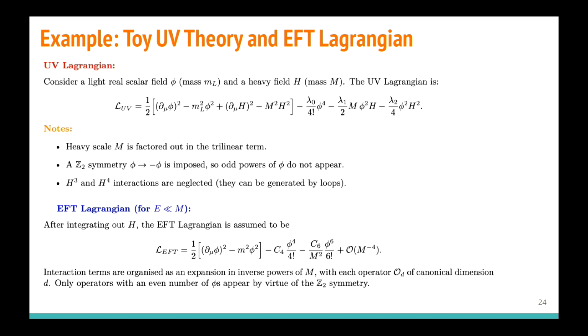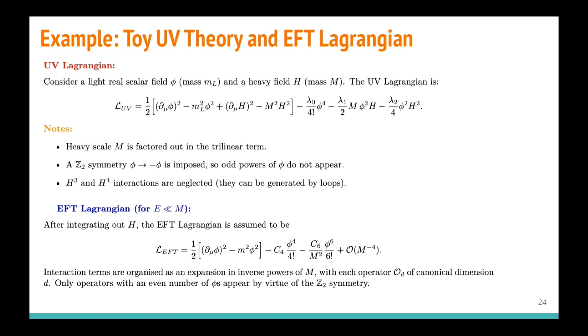So this is a trilinear interaction between two light scalars and one heavy scalar. It's a dimensional reason. The entire Lagrangian has to be dimension 4. Each scalar has mass dimension 1, so that's why it comes with a mass. Is that clear?